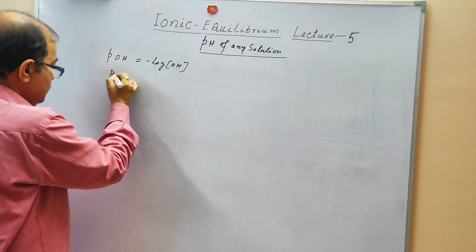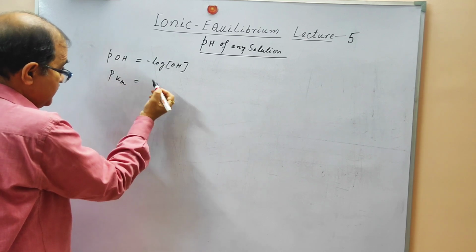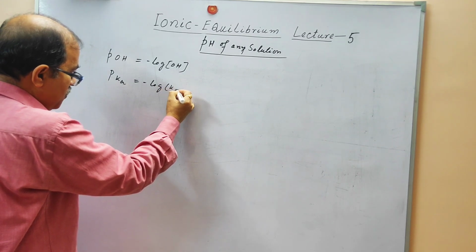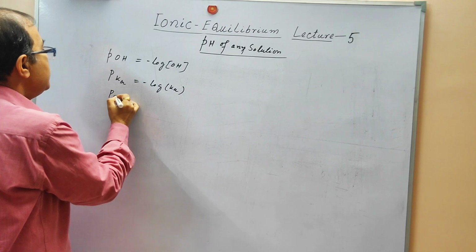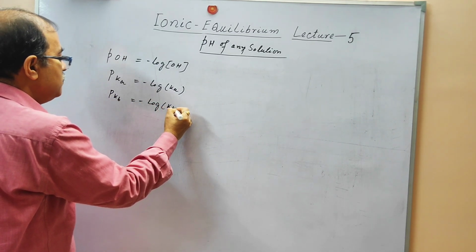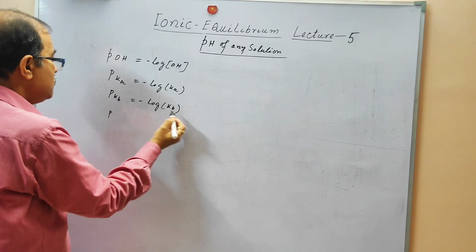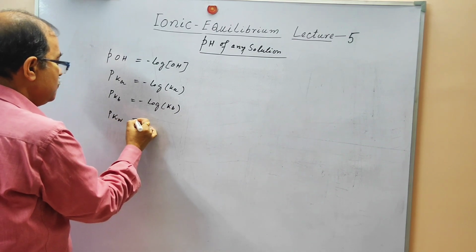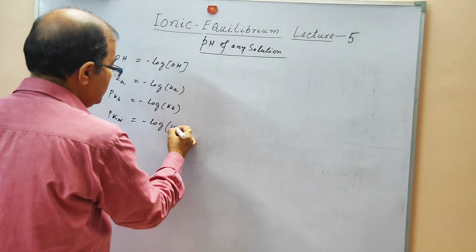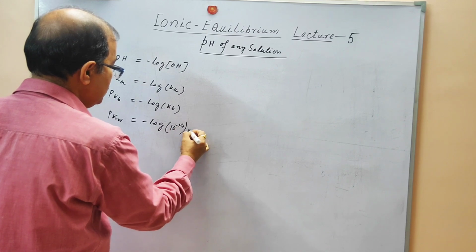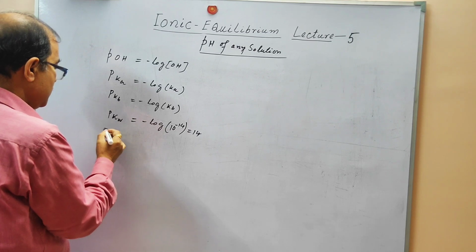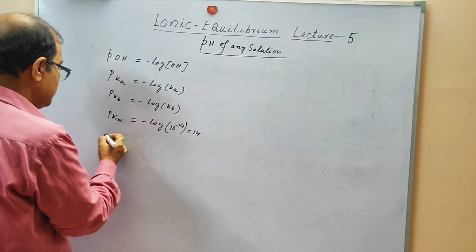Then we can also write pKa, basically the minus log of the dissociation constant of weak acid. pKb is the minus log of Kb, the dissociation constant of base. pKw is minus log of Kw, meaning 10 to the power minus 14, so it will be coming around 40. Now we have a good relationship with the pKw, pH and pOH.